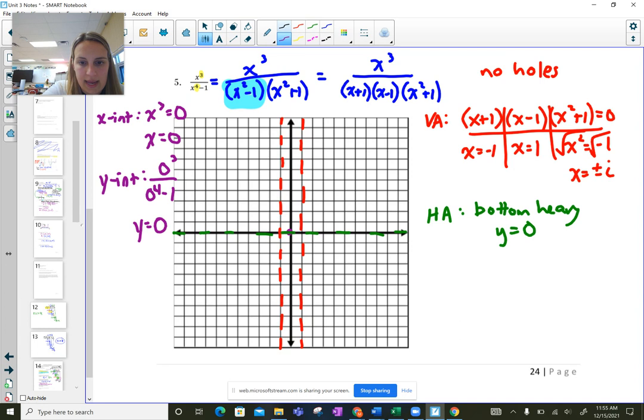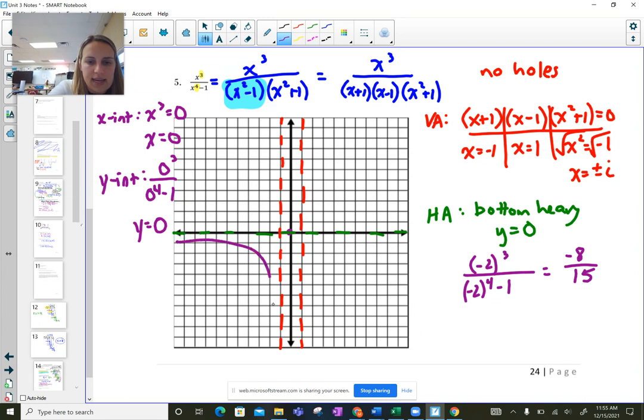Okay, so I'm going to say -2, I guess. So if I plugged it into the original, -2 cubed over -2 to the 4th minus 1. So -2 cubed is -8. 16 minus 1 is +15. So that means it's going to be taking place down here.